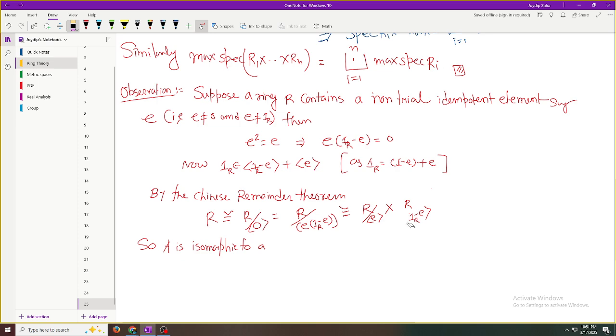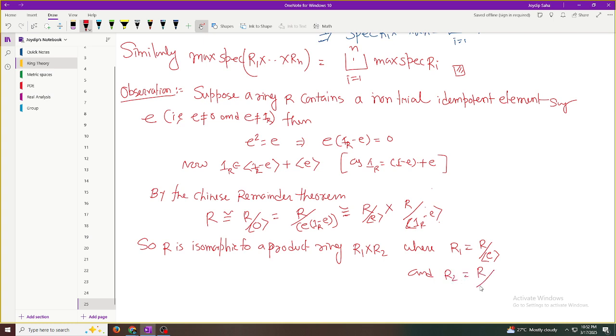So there is a problem. R is isomorphic to a product ring R1 cross R2, where R1 is the E generated ideal and R2 is the 1 minus E generated ideal.